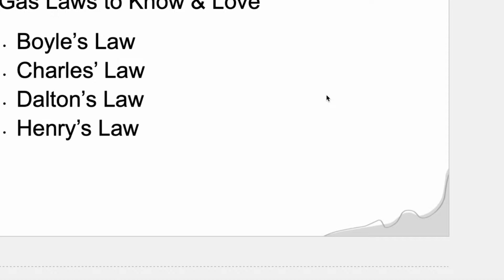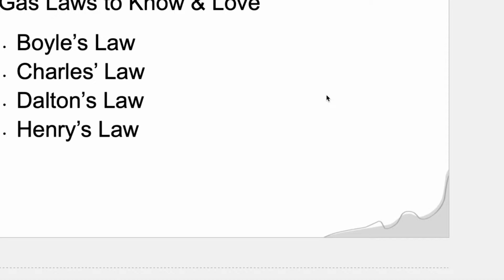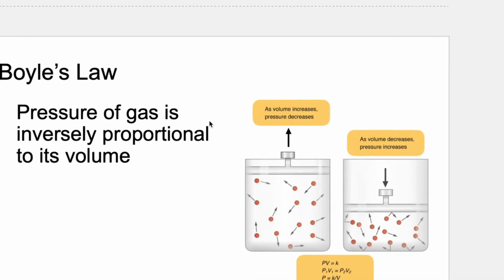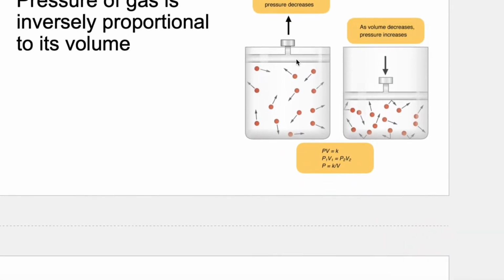All right, so gas laws to know and love. So Boyle's law. Boyle's law is that the pressure of a gas is inversely proportional to its volume, which we know.